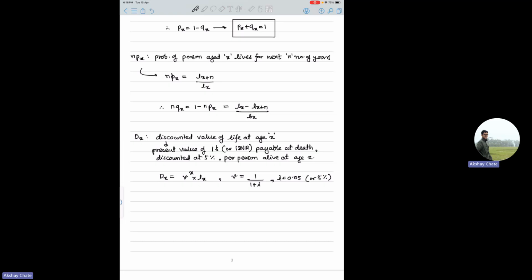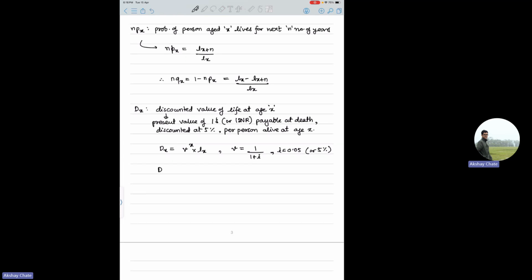So that is the formula for Dx. You can also write Dx as Lx by (1 plus i) to the power x.